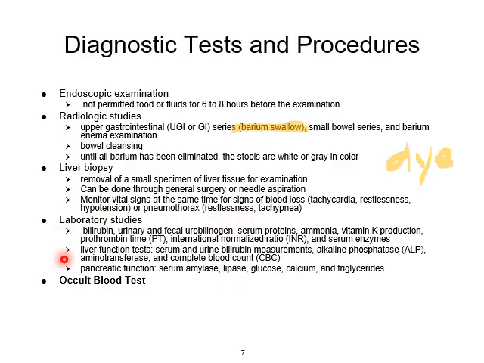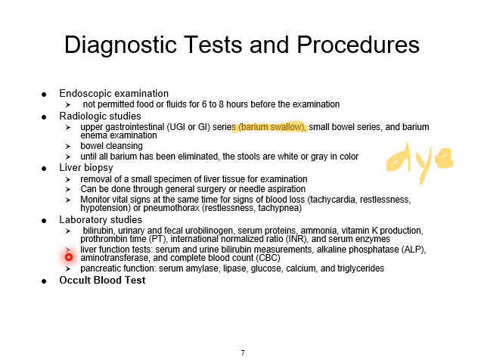For labs, we will look at those laboratory tests that could tell us how the liver is doing, like the bilirubin level, ammonia level, then the PT-INR, prothrombin time, or INR is international normalized ratio, and the serum enzymes.